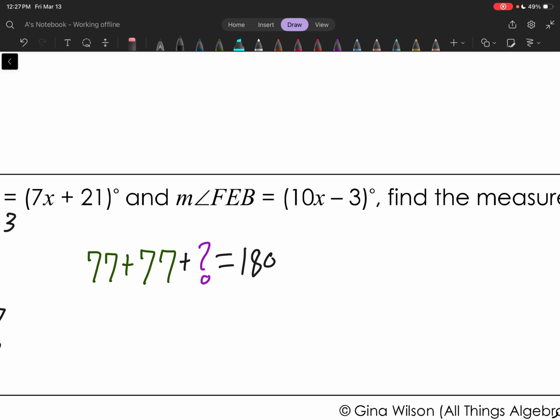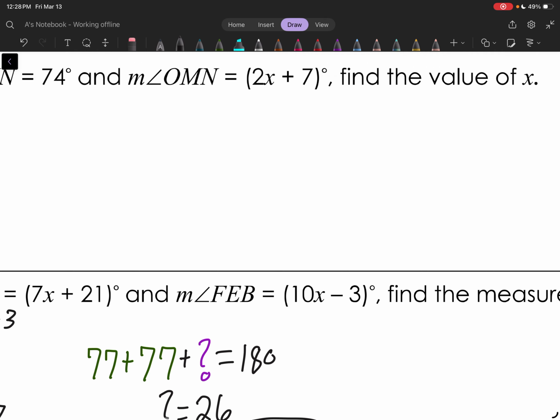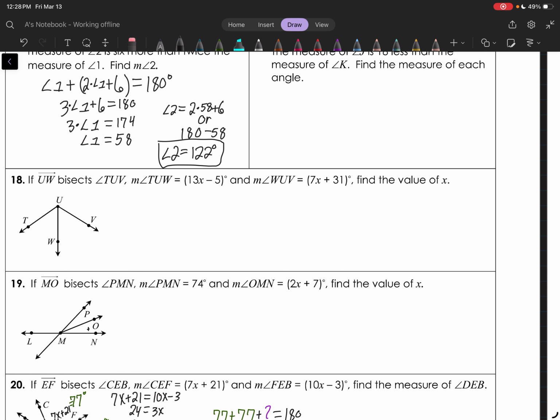You can solve this algebraically, arithmetically, by hand, or in Desmos. Either way, you're going to get 26 degrees. So angle DEB is 26 degrees. Try 18 and 19.